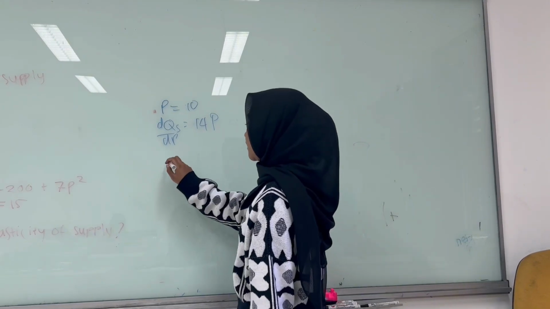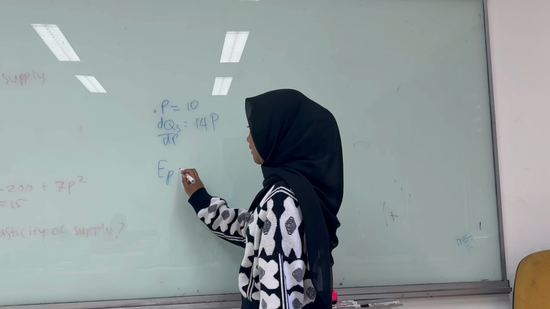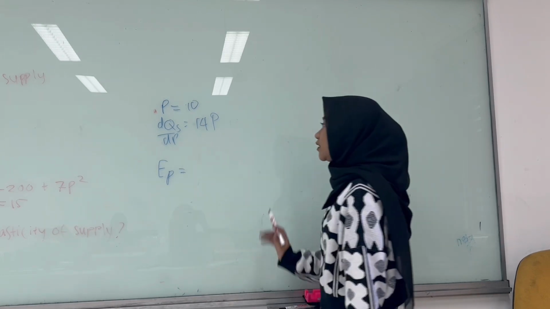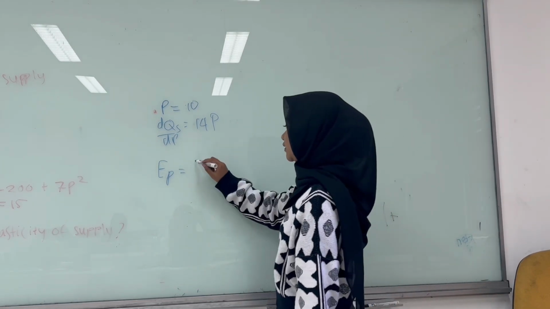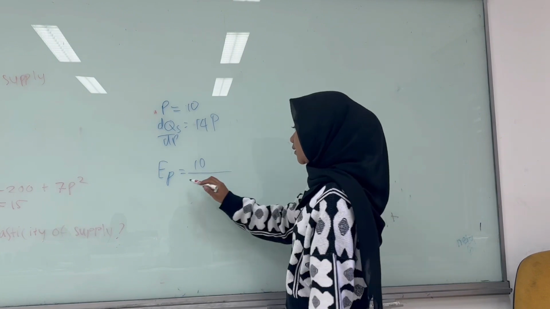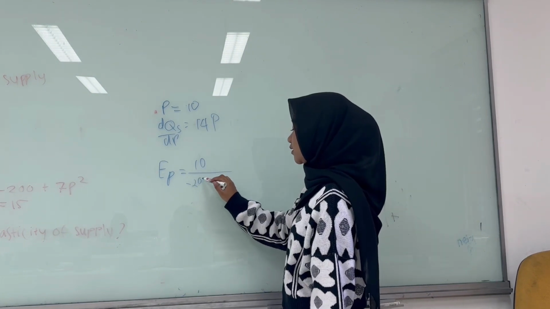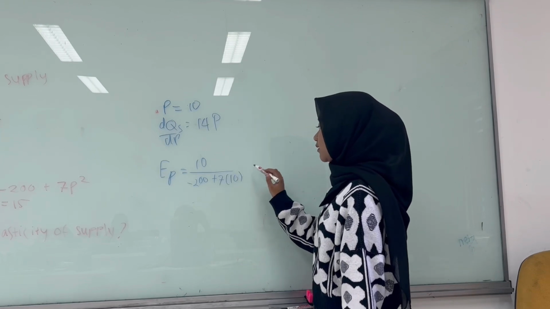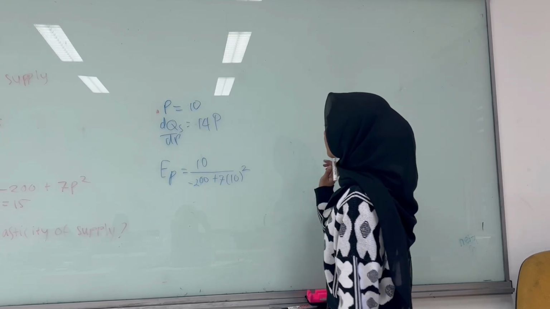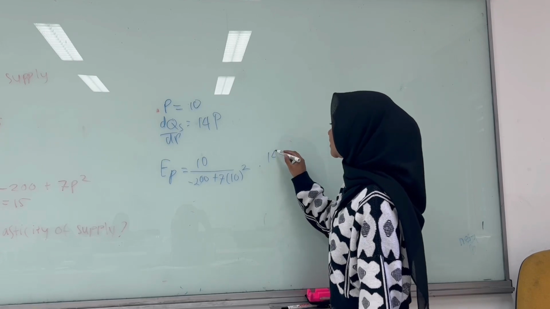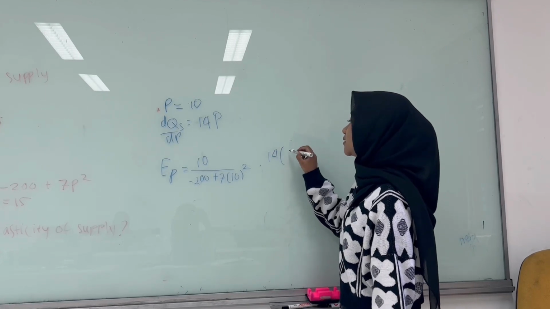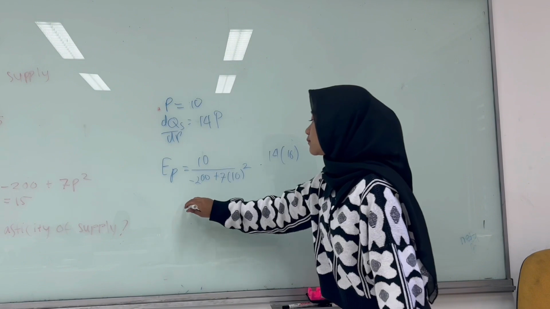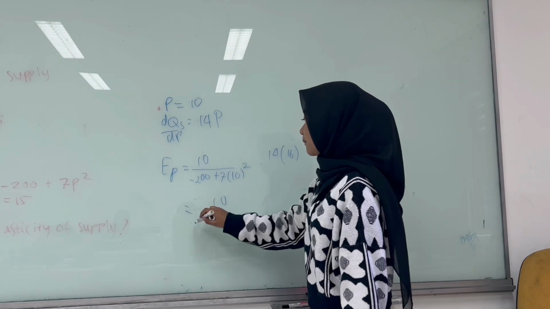So now we find the E_P. We replace p with 10, so 10 per (minus 200 plus 7 times 10 squared) times 14 times 10.